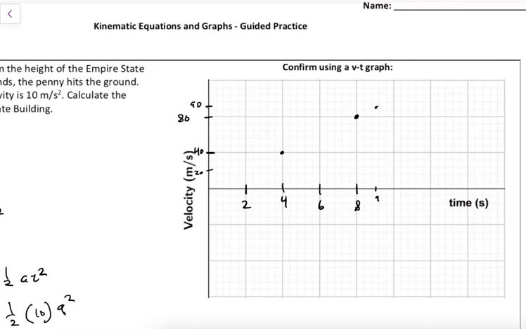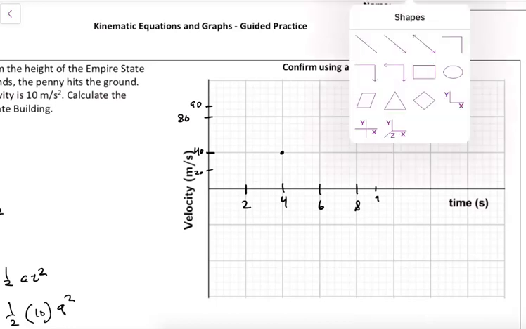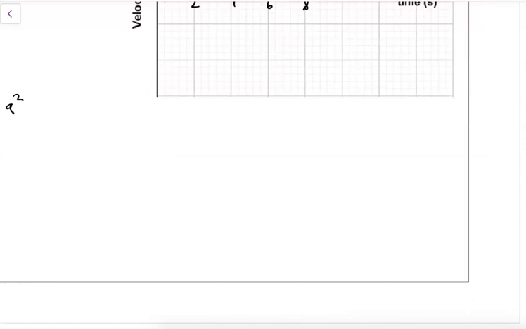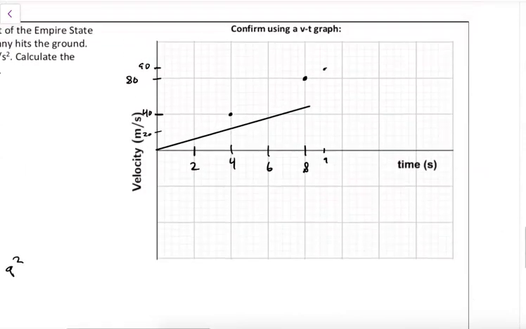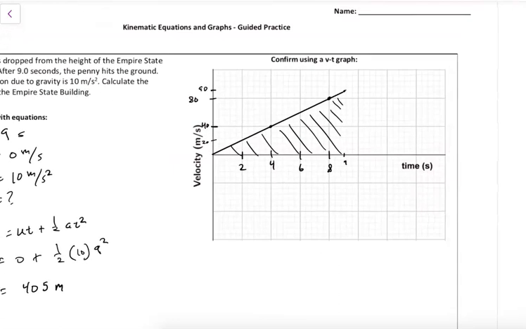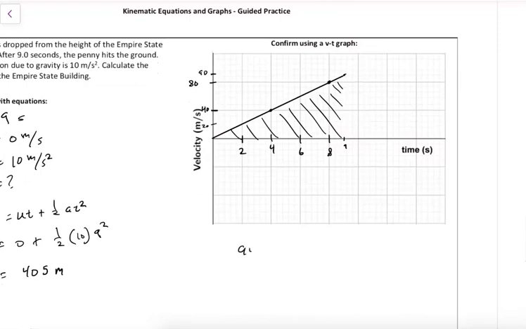So I'm going to draw a line between, oh, OneNote does not like when I do that. And I'm going to find the area under this triangle to see if my s matches up with 405. So I have 90 times 9 divided by 2.